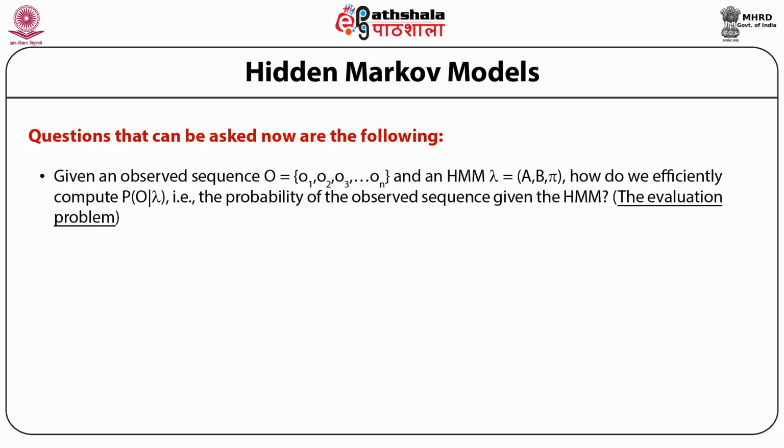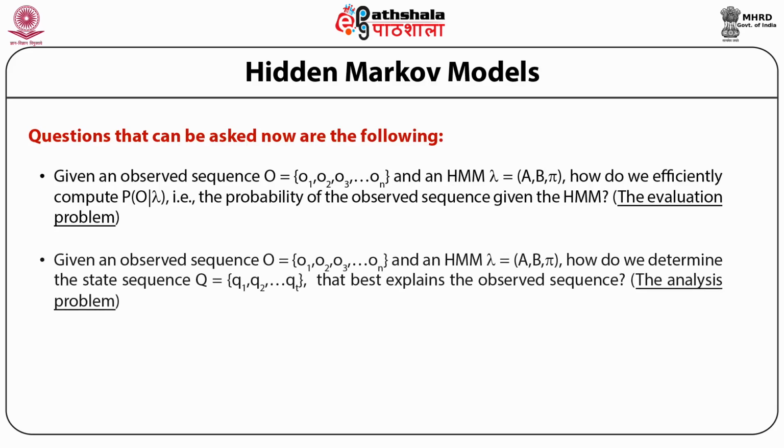The second question you can ask is, again, let us take an observed sequence O made up of symbols O1, O2, O3 till ON, and again I have a Markov model lambda with parameters A, B, and pi. Now I can ask, can I determine a state sequence, a subpart of my hidden Markov model, which I'll define as Q with the states Q1, Q2, Q3, which best explains the occurrence of the observed sequence?